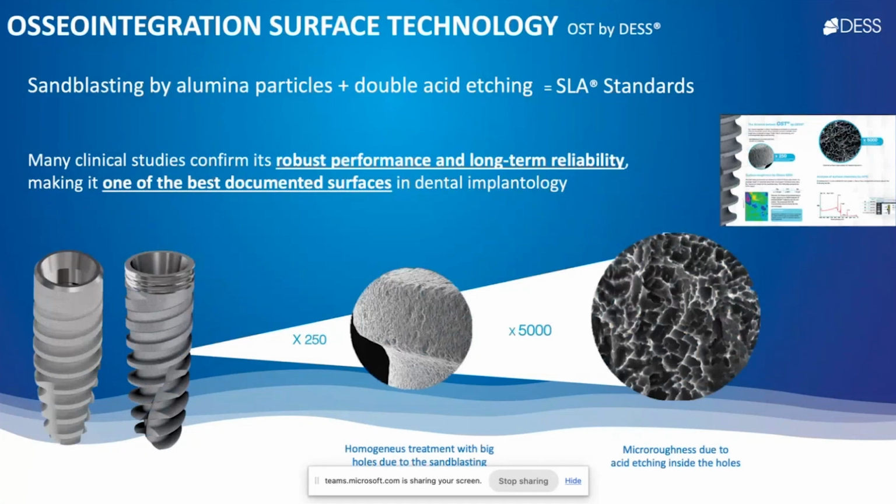And as a company, we were always searching for the best quality. That's why we promote what's called OST surface treatment, or osseointegration surface technology. It mimics, or is similar to, the SLA surface treatment, and it gives optimum results. As I mentioned, SLA is one of the best surface treatments in the market.